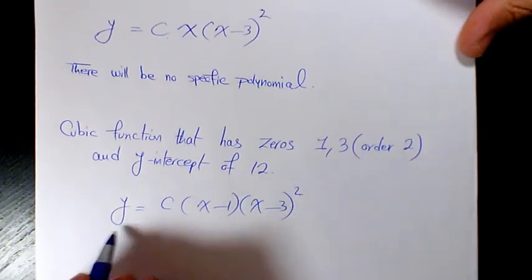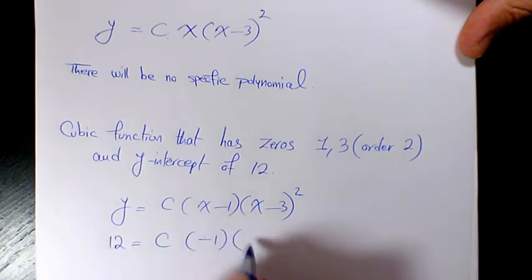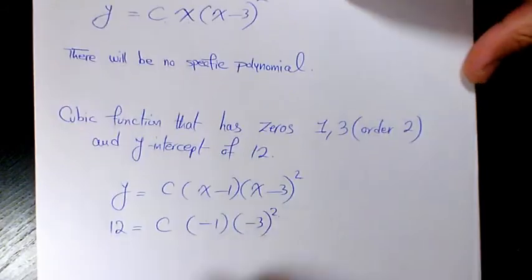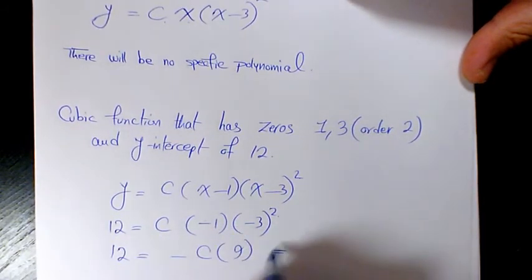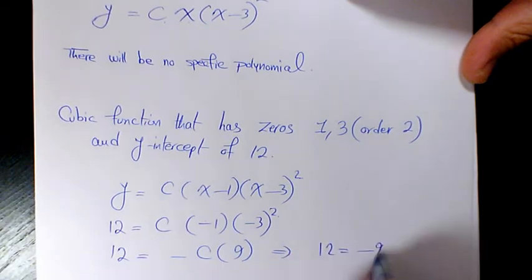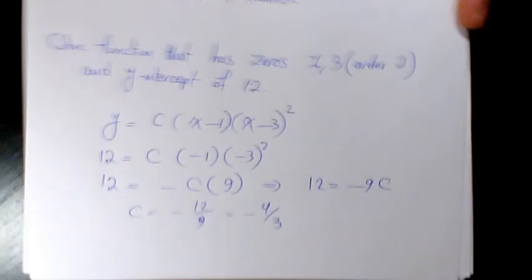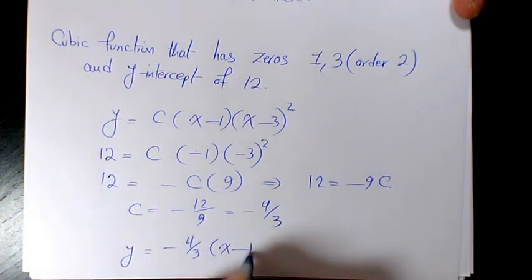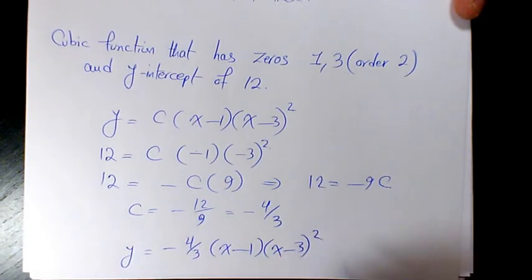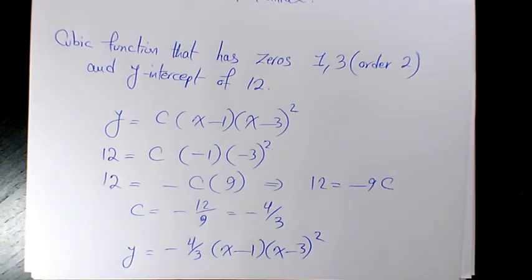In that case, I make this equal to 12: c times (negative 1) times (negative 3) to the power of 2. So it's 12 equals negative c times 9, which is 12 equals negative 9c. So c will be negative 12 over 9, which is negative 4 over 3 when you reduce it. So it's going to be y equals negative 4 over 3 times (x minus 1) times (x minus 3) to the power of 2. So that's going to be the cubic function.